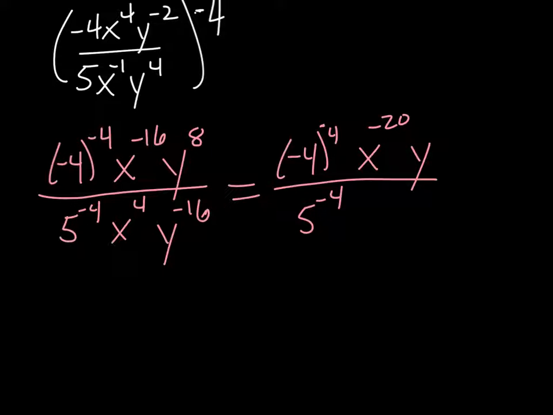Y to the what? -24. To the what? 20. -20. 8 minus a negative. 8, -8. 8 minus a negative, minus a negative. Multiplying.